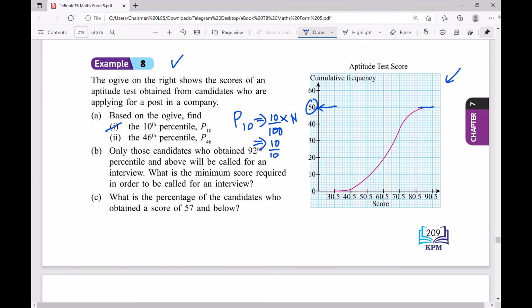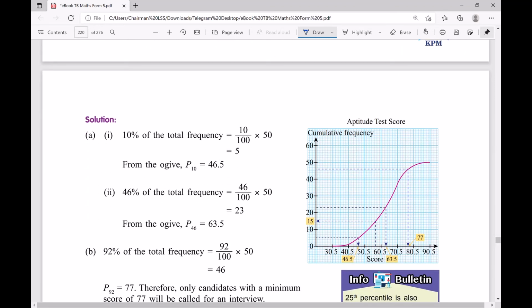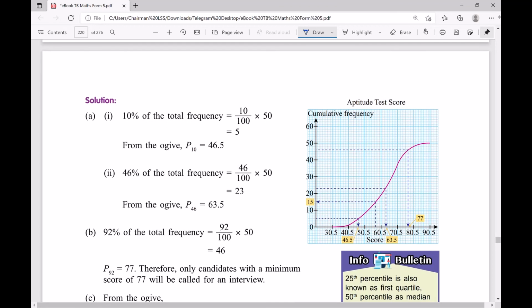10 over 100 times 50. So for your P10, you'll get 5. So you go and find your 5 here. This is your P10, 5. And then you can find the value here. And from here you can see the graph. Actually, the figure is 46.5. You must know how to read the graph.